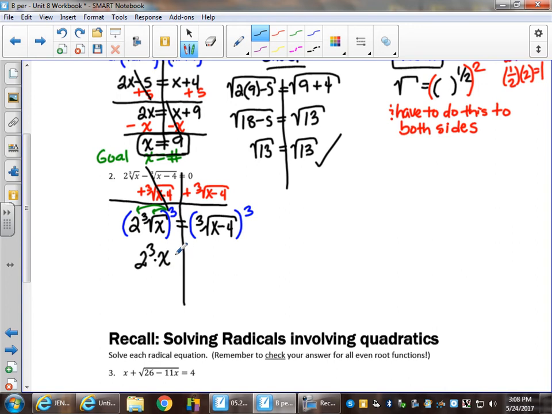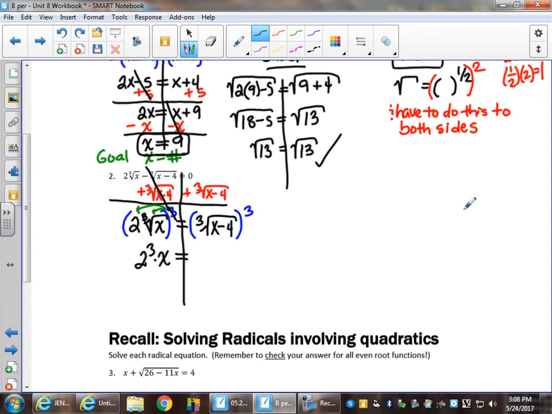Leaving x behind. So if it helps you to gently cross out the 3 and the third root, go ahead and do that. The third root and raising to a power of 3 are inverse operations, which is why they cancel. If you want to go over this note again, we wrote it right here.